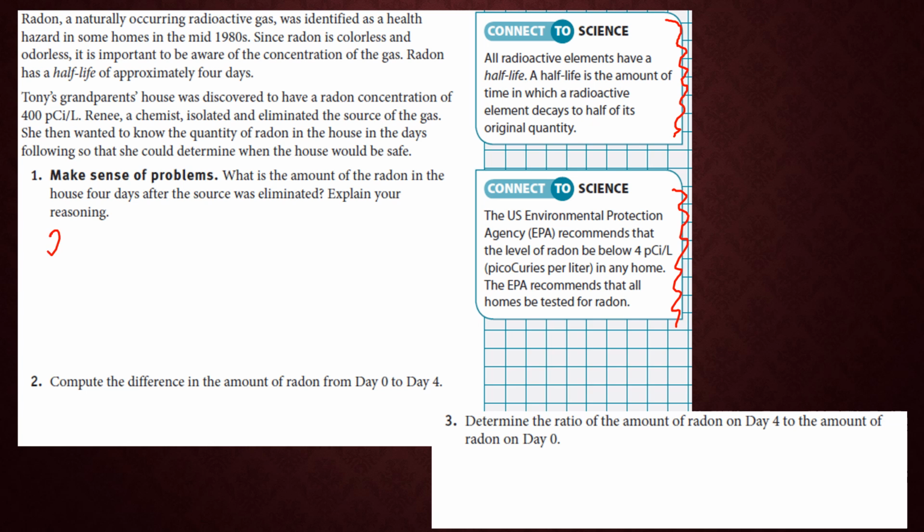So I think we'd say that there would be 200 picocuries per liter, because there were 400 to start with, and the half-life is 4 days.